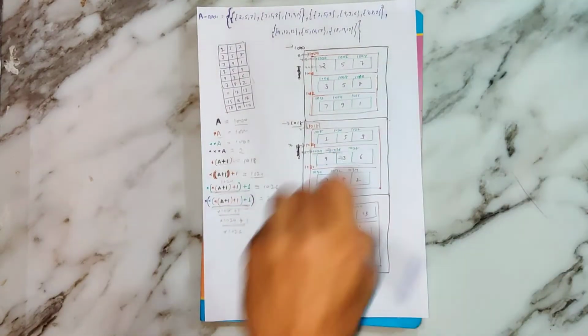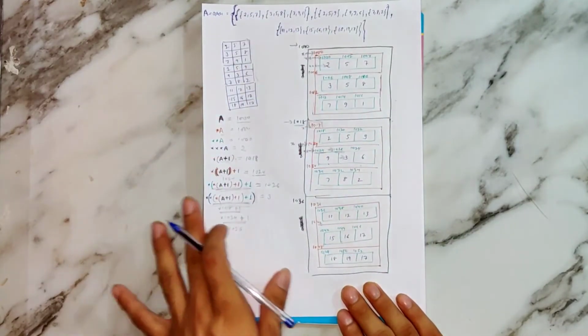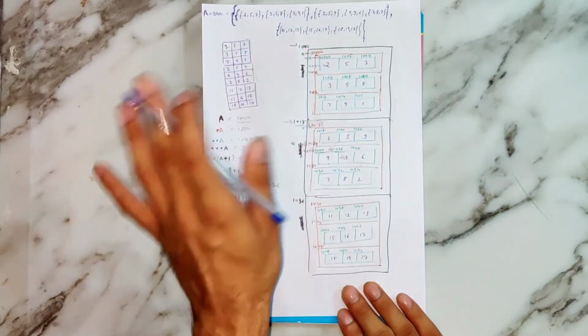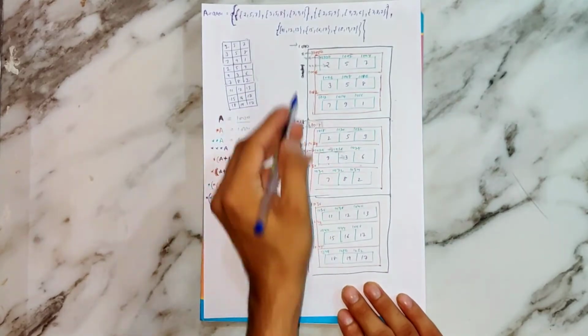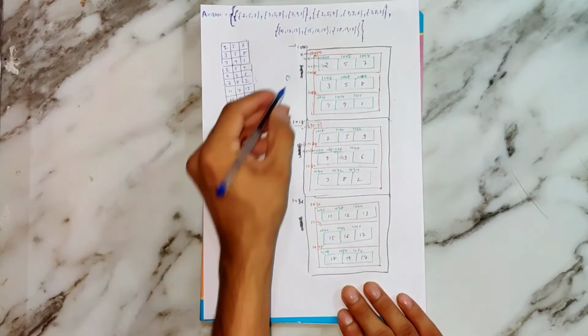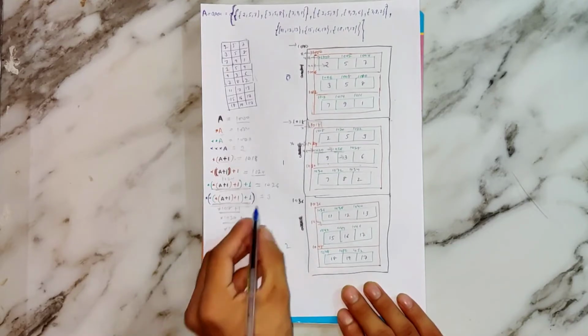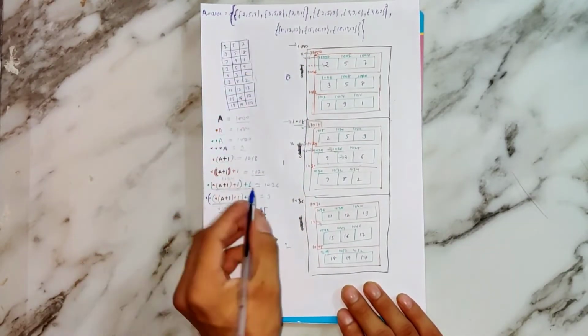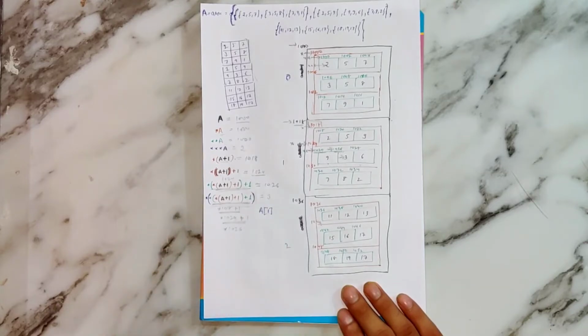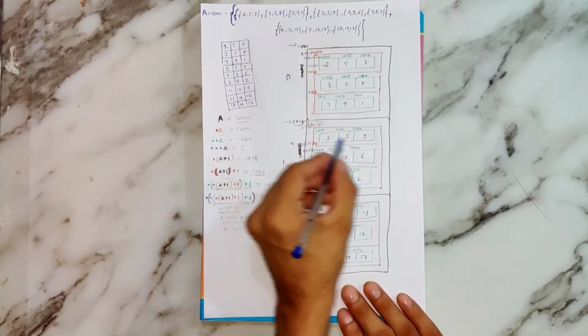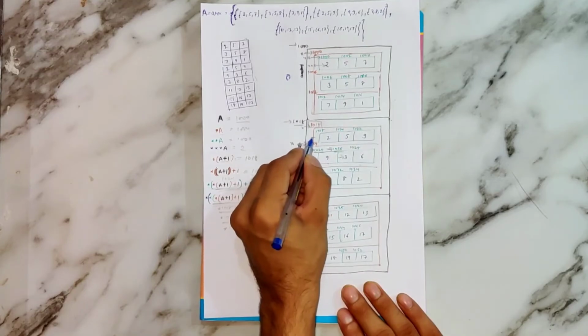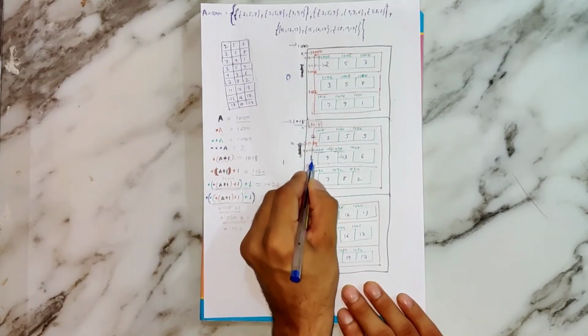It is similar to, if I say this one, 3 is coming at what position? In general we say this one is considered the 0th position in the array, this one 1, this one 2, right? So I can say that the first matrix is coming at 1. In 2D, this first location is considered 0, this one is 1, and this one is 2.